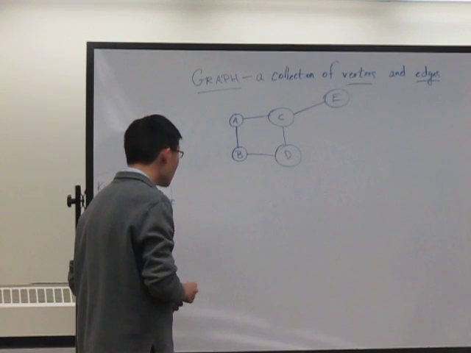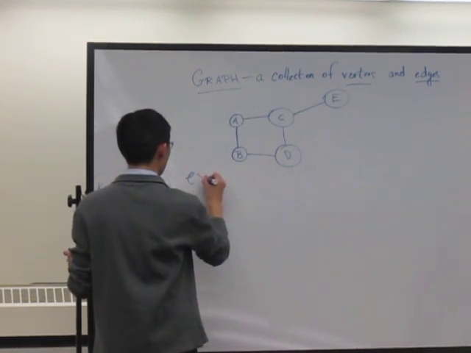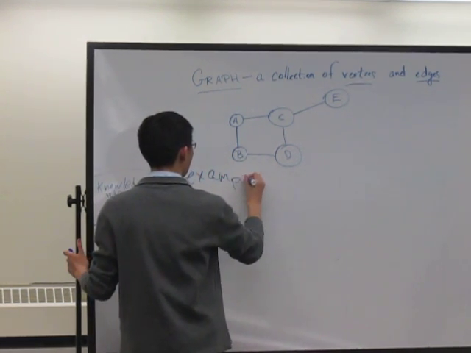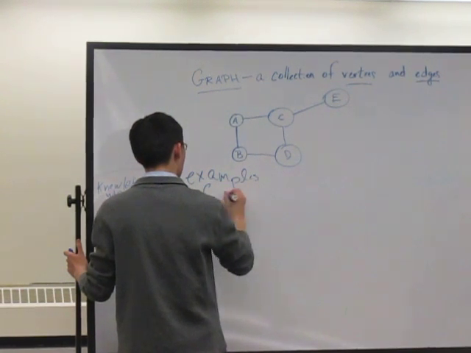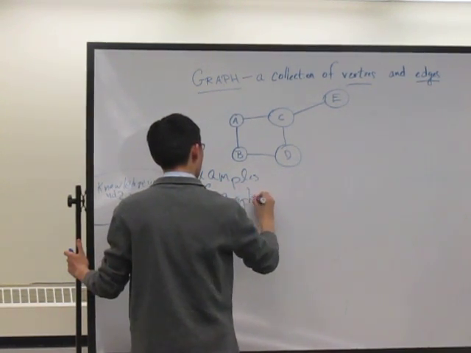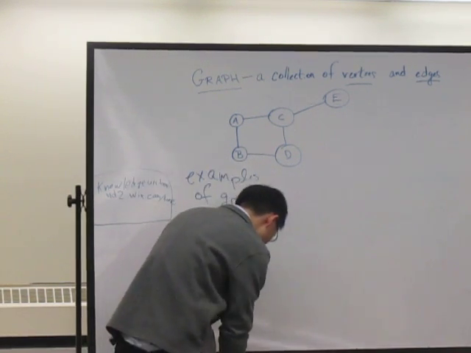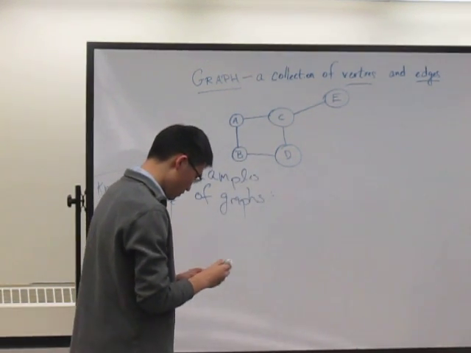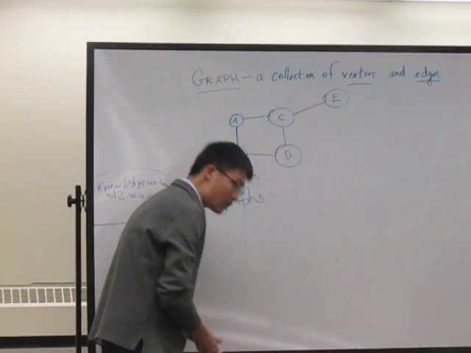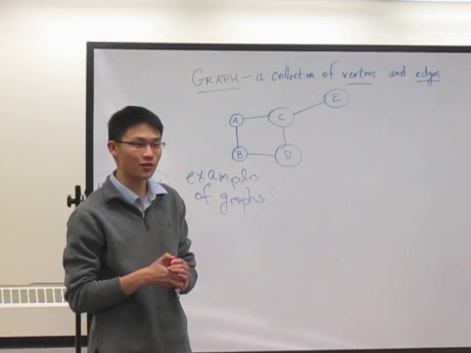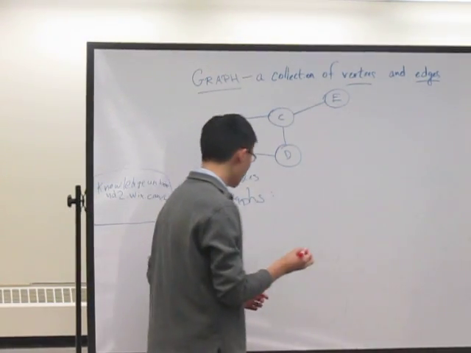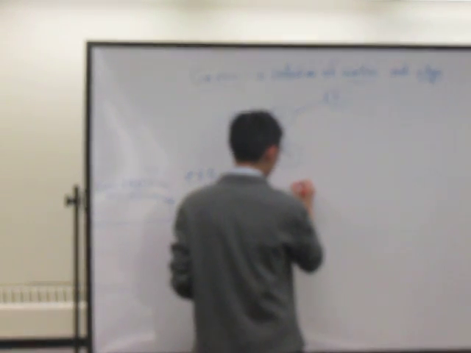So for example, let's talk about some examples of graphs. You guys know Milburn pretty well, right? You all grew up here, yeah. So on Milburn, there's this road.